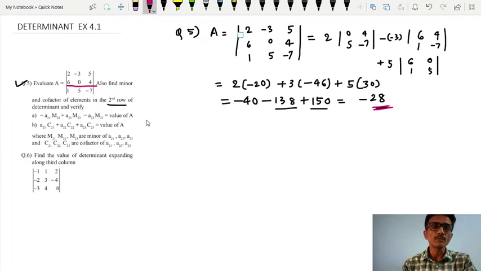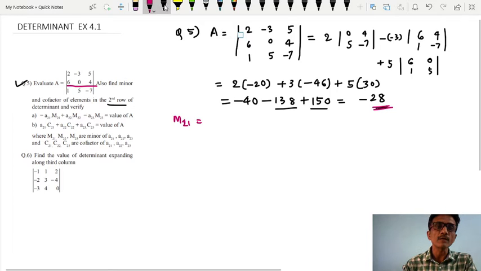So minors of the second row: M21, M22 and M23. These are the minors. So the minor of this element is what? Delete the elements of the second row and first column. Remaining elements are minus 3, 5 and 5, minus 7.